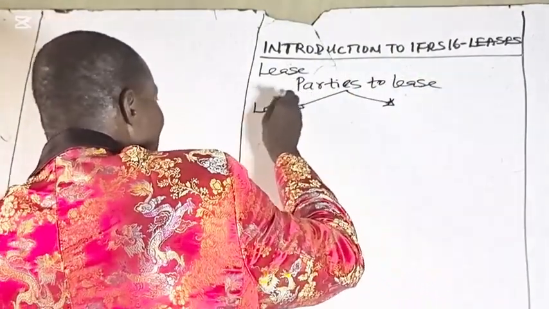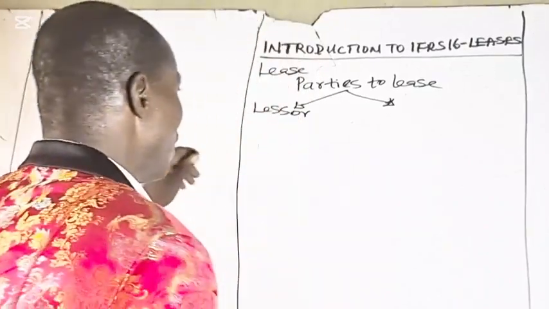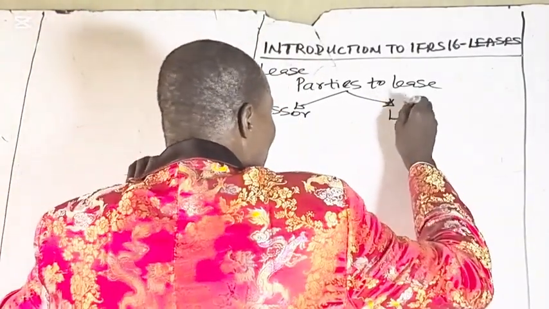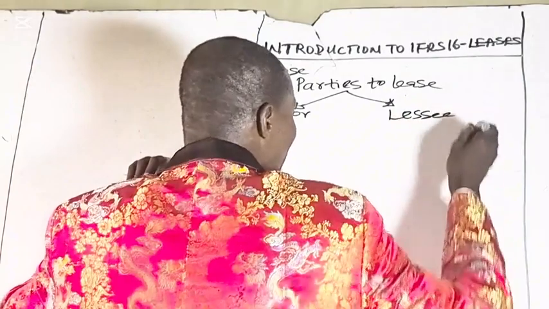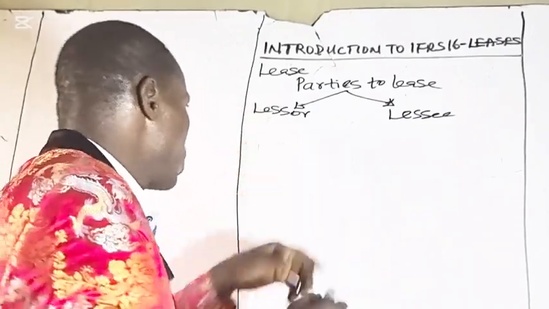The first party is the lessor. I've told you the lessor is the landlord. Then the lessee. The lessee is the tenant. Who is a lessor?